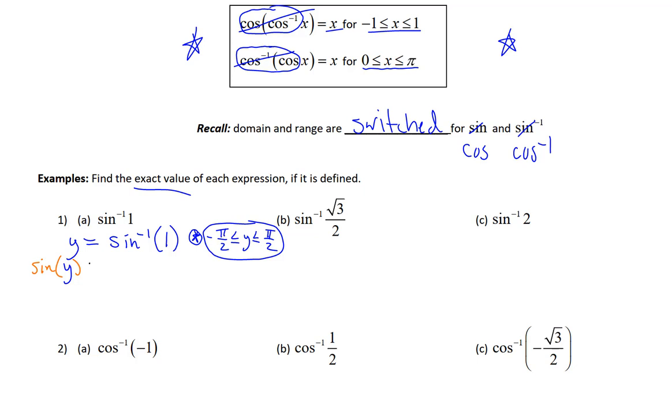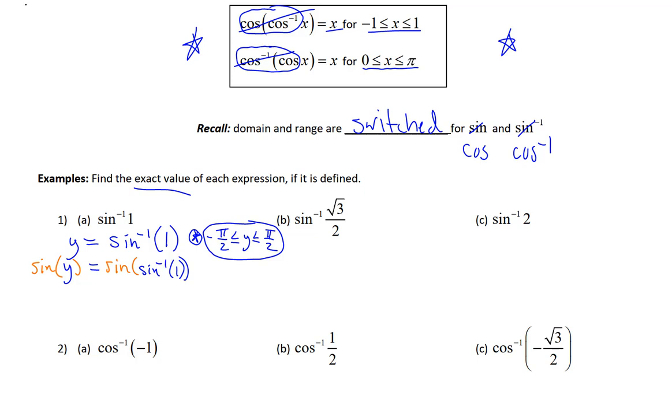And then I'm also going to take the sine of the right side of our function, as it was written in our previous step, which was the sine inverse of 1. And I'll try to use some parentheses here to hold things nice and snug.